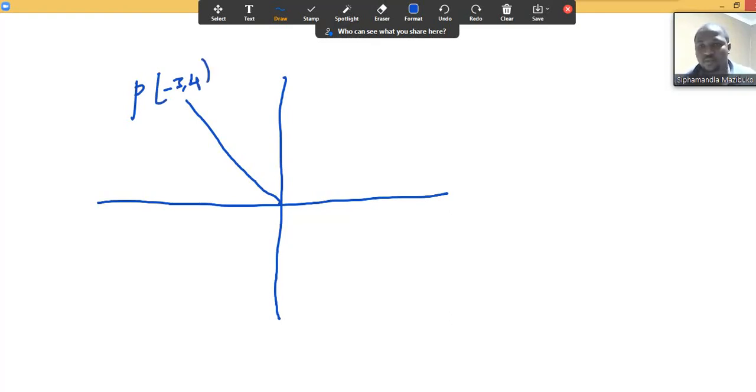We're saying this is point P, (-3, 4), and then we have an angle like that. We're looking for this whole angle from here to here.